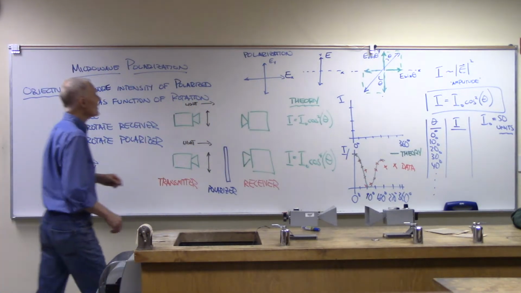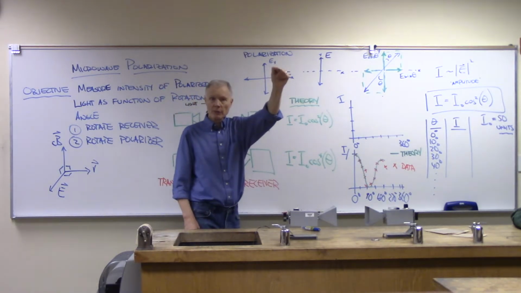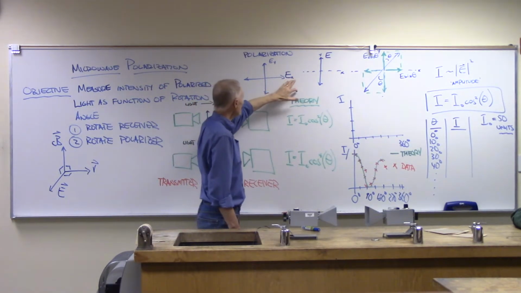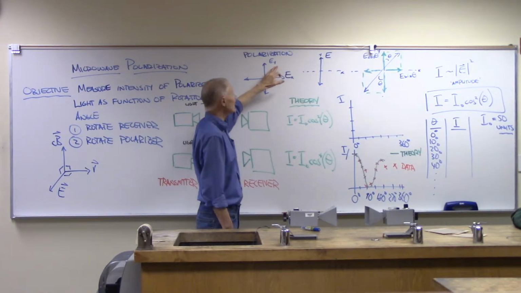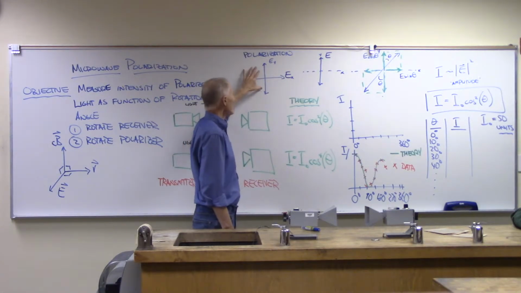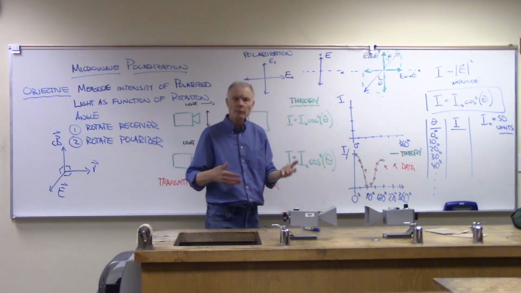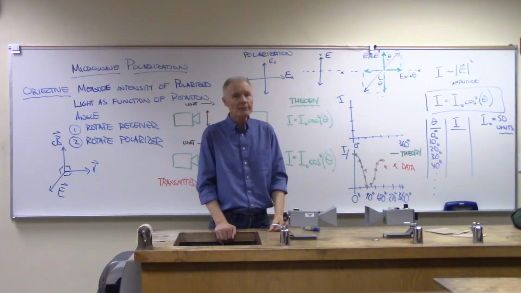So if the photons are coming out of the board in the z direction, I could have electric field components in the x and the y in general. If I have both of those, set up with a random phase between them, that's what we call unpolarized light.